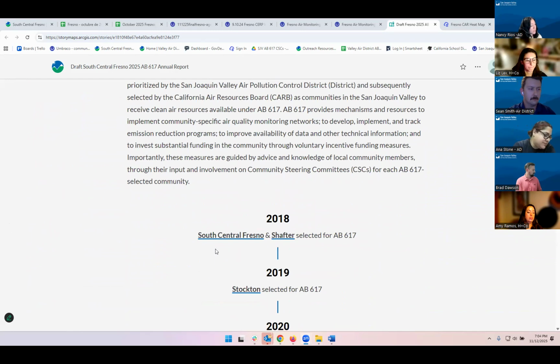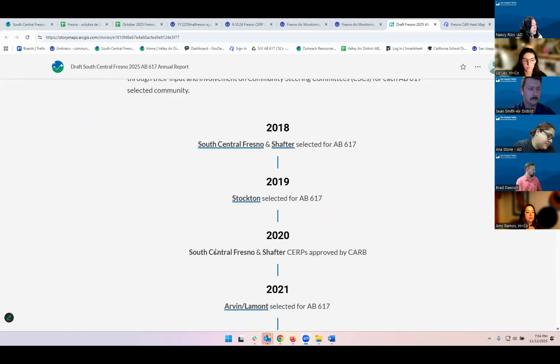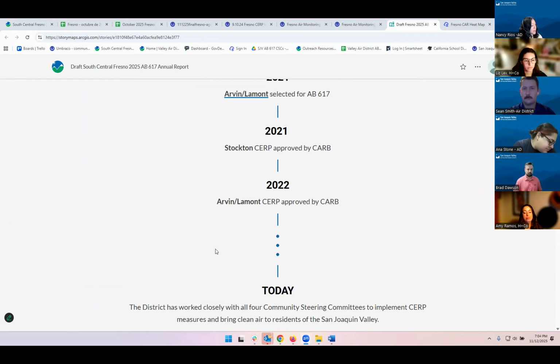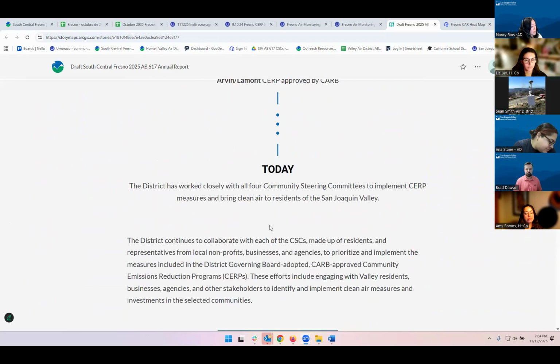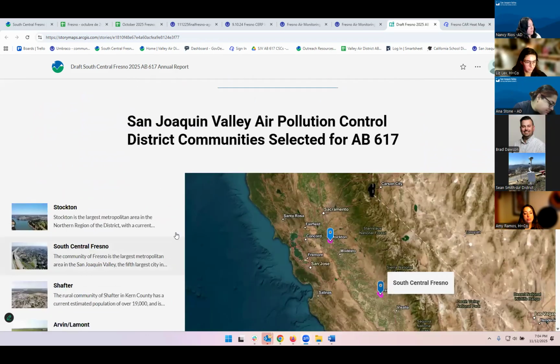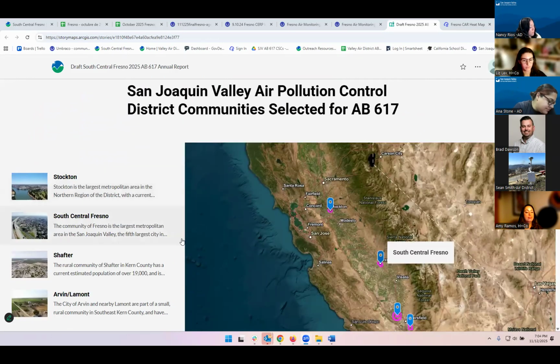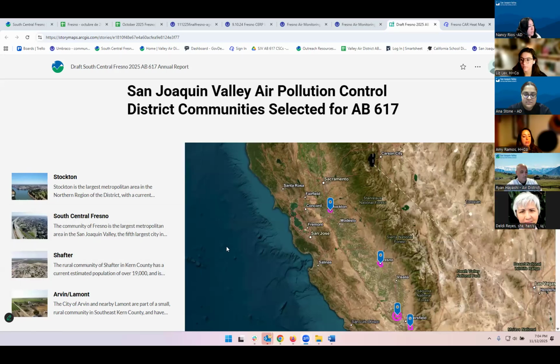This highlights all the work that has been done in the community, and I will just briefly touch on it. All four communities are going to be in this document once it has all been completed. We have Stockton, South Central Fresno, Shafter, and the Arvin Lamont community, all in one single document.